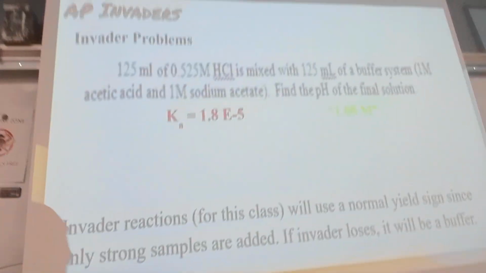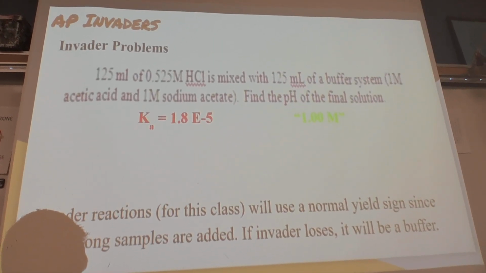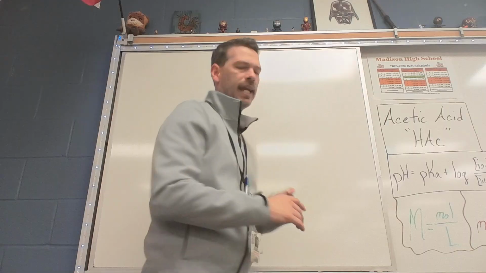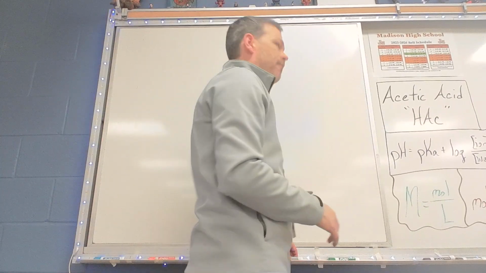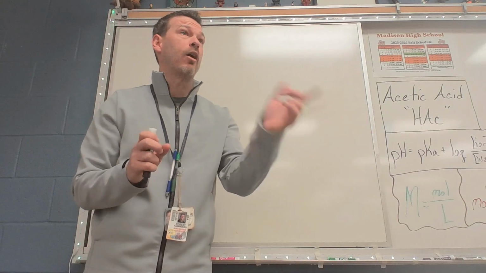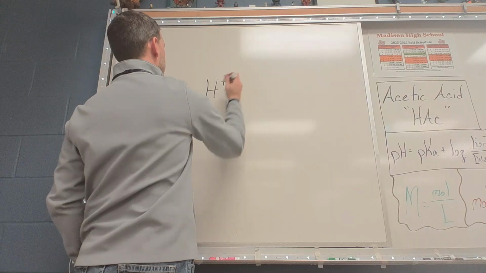All right, let's take a look at our first invasion here. As I already said, our invaders will only be strong samples, which means even though it's going to look like an entire acid or base, you're going to need to identify it as a strong and then realize all you care about for the invasion is always one of these two substances.